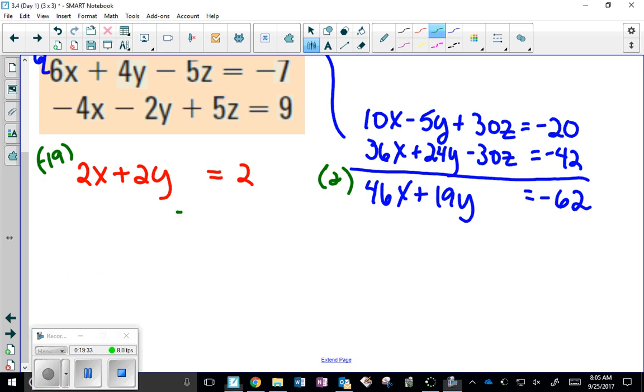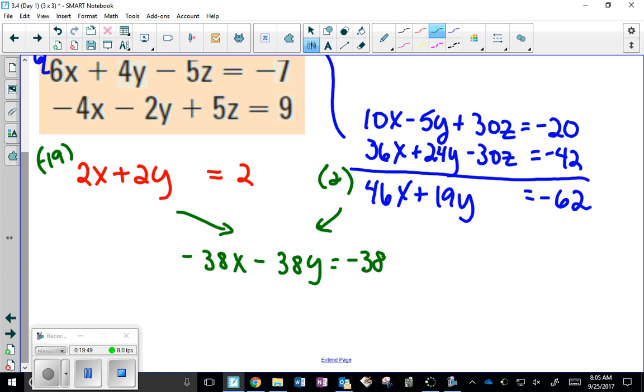All right. So coming down, putting them together. Negative 38x minus, and 92x.